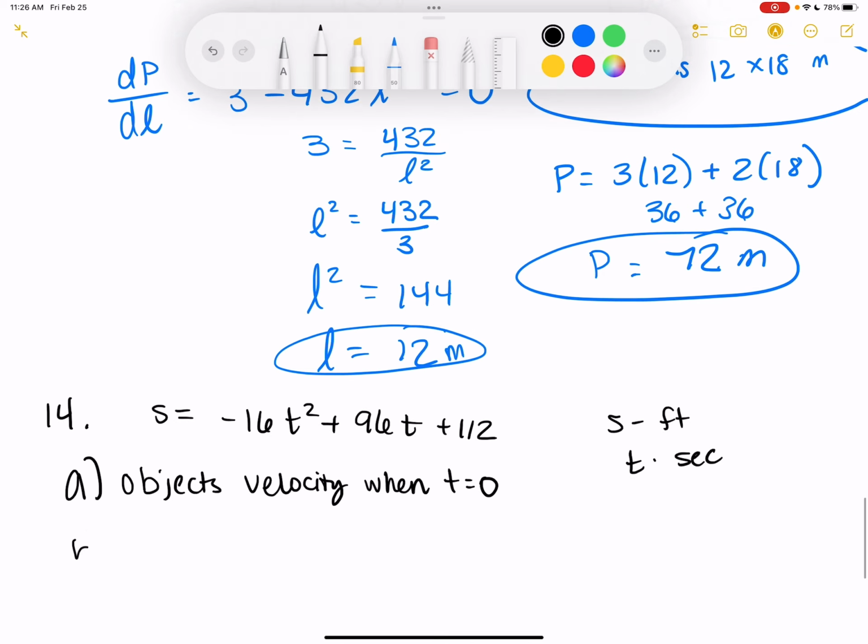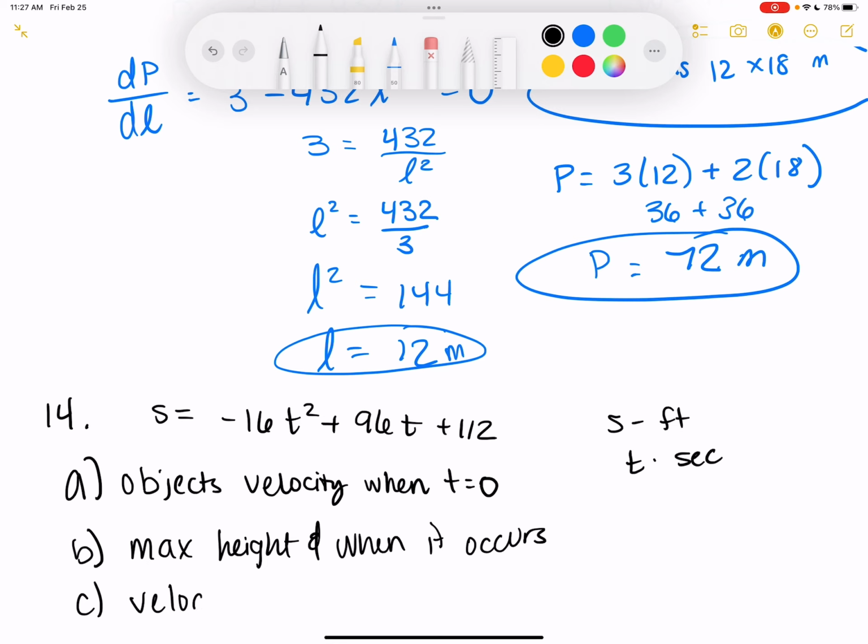And then B wants us to find the max height and when it occurs. And then C is the velocity when S is equal to 0.